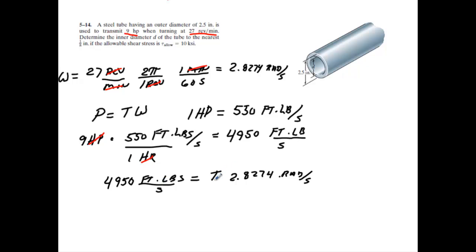We're going to solve for T, and when we solve for T, the seconds will cancel out. So that's going to give me 1,750.7 foot-pounds. So that is what our torque is.